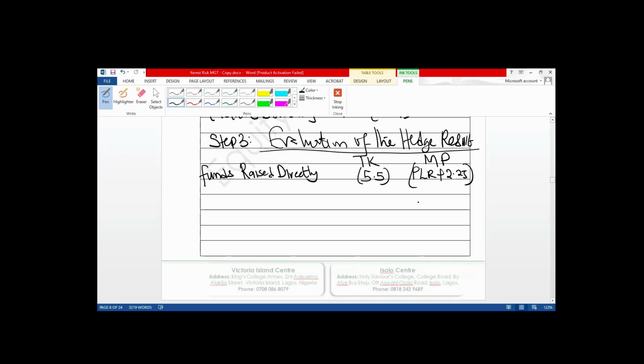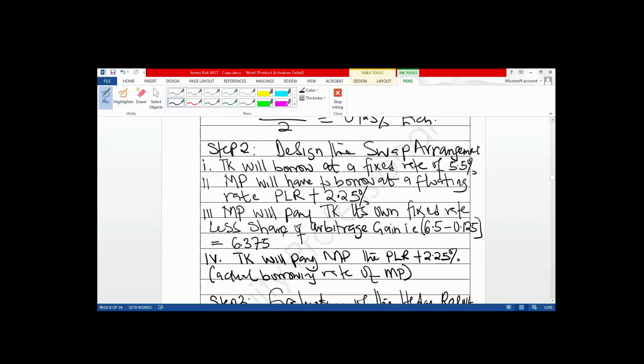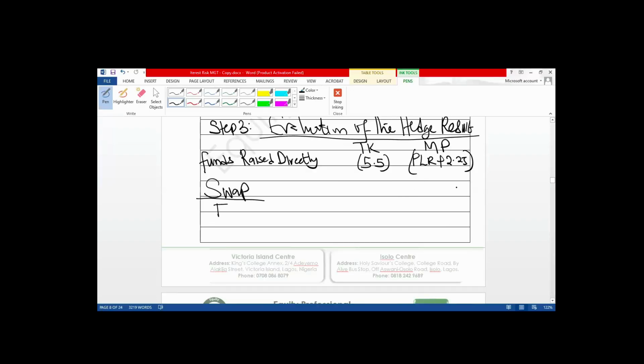Under floating, TK we pay prime lending rate plus 2.25 back to MP. MP we receive prime lending rate plus 2.25. Your result now.